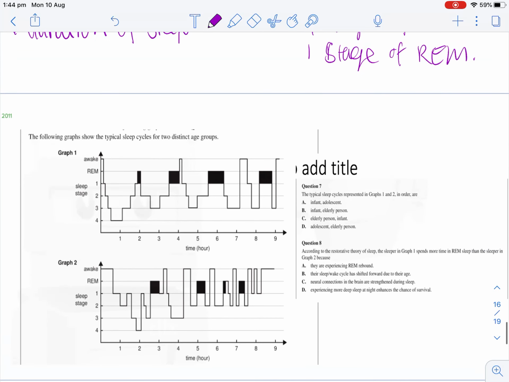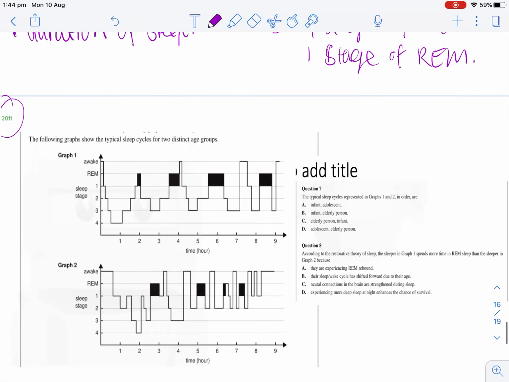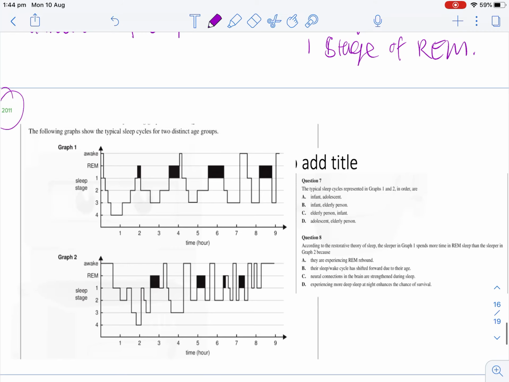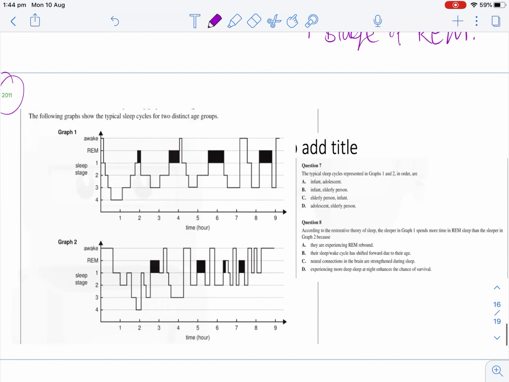Okay, last question. You know I love doing questions from my exam year, 2011. So this is taken from a direct Vika question. The following graphs show the typical sleep cycles for 2 distinct age groups.